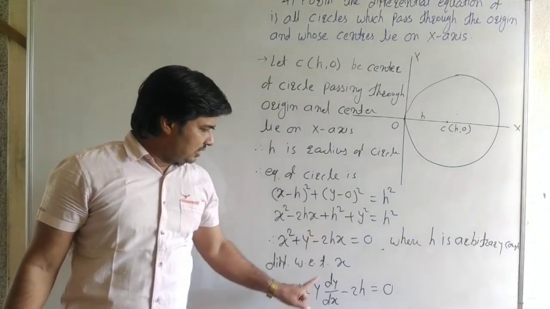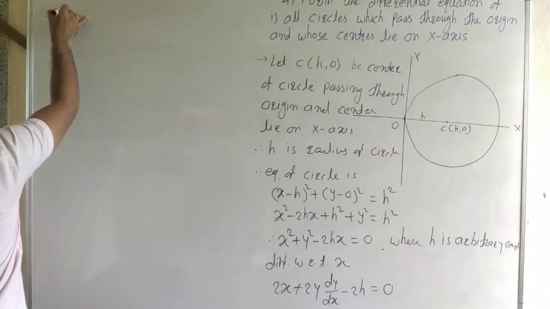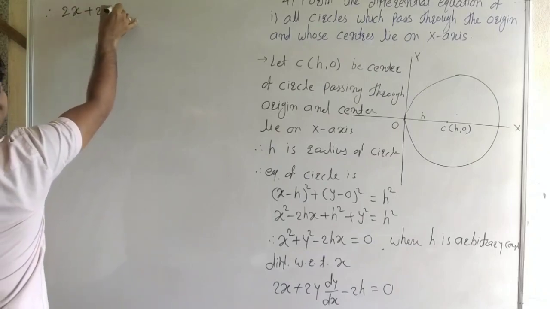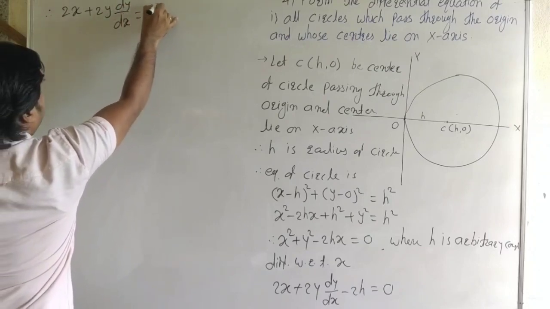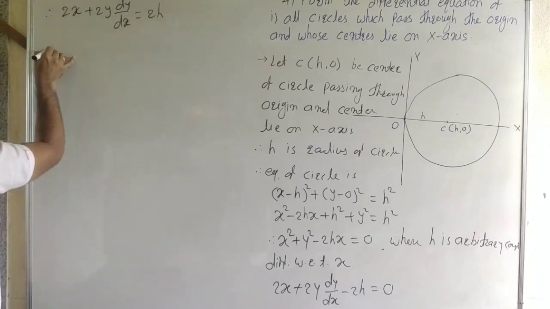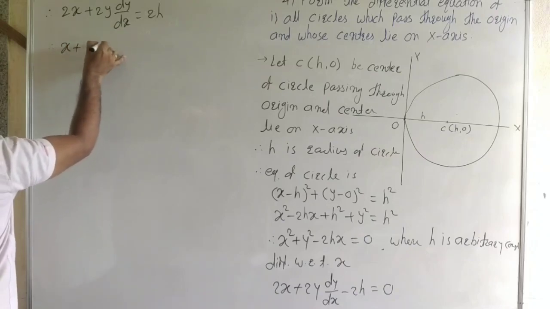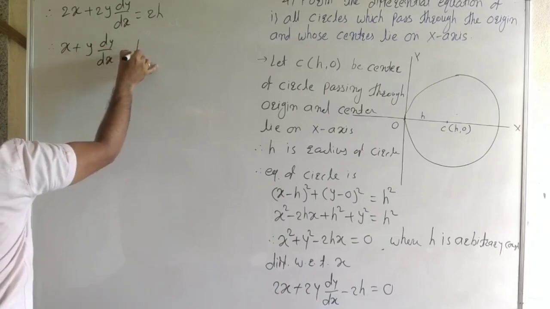Now we have 2x plus 2y dy by dx equals 2h. The 2 gets cancelled, and we get x plus y dy by dx equals h.